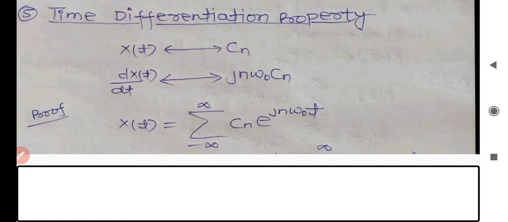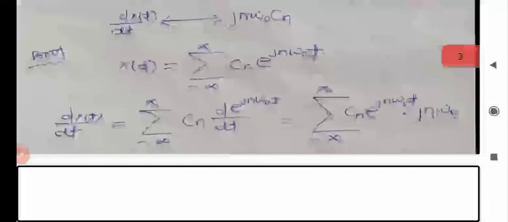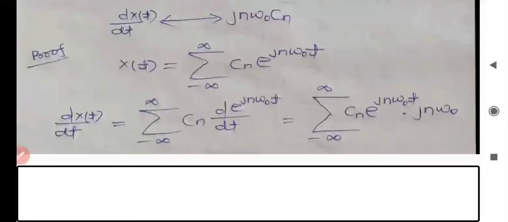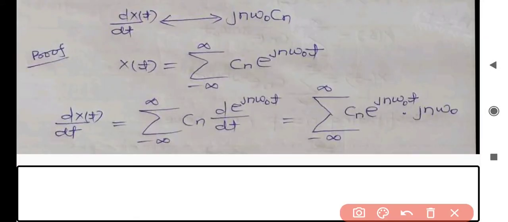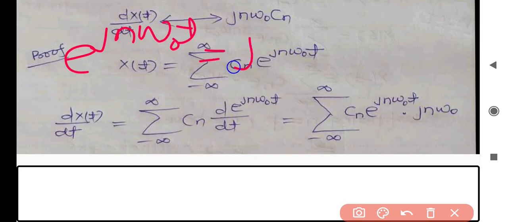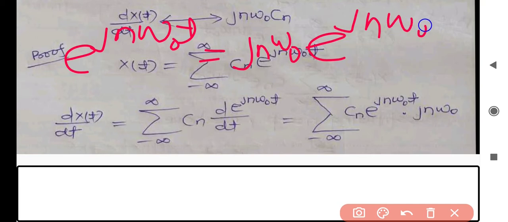Now, if we differentiate both sides of this equation with respect to t, we will get dx(t) over dt equals the sum of Cn times d by dt of e power j n omega naught t, and the differentiation of e power j n omega naught t is equal to j n omega naught into e power j n omega naught t.